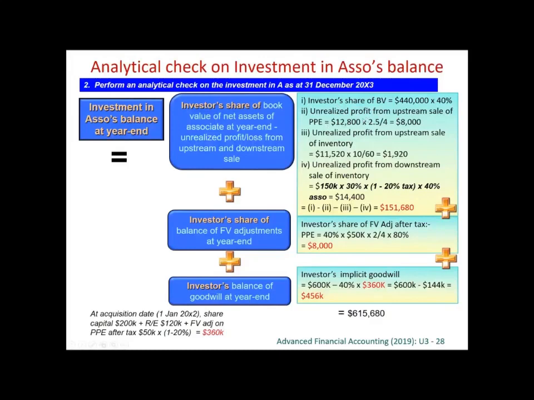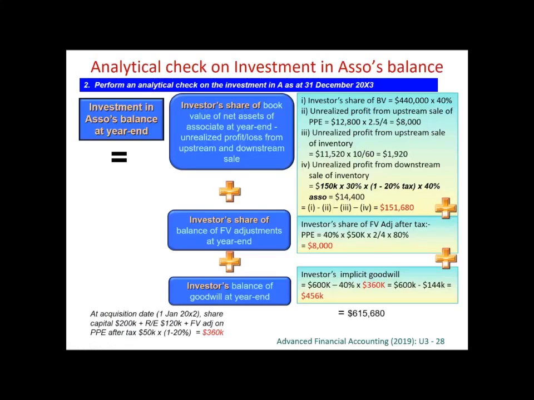So this is for the intercompany transfer of property, plant, and equipment. This is for the last year's unrealized profit. Still remember, you said that 1,920 should go down. Right, should go down. And this is for the current year. You said that 14,400 should go down.